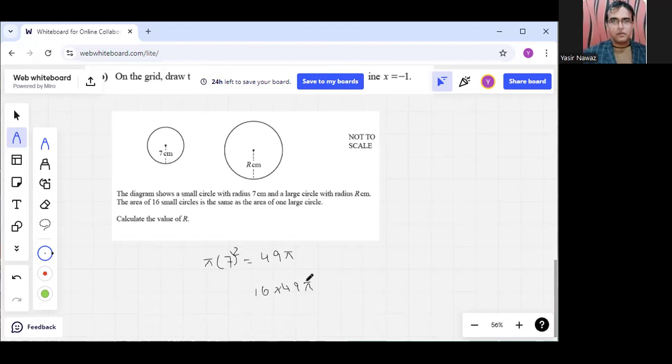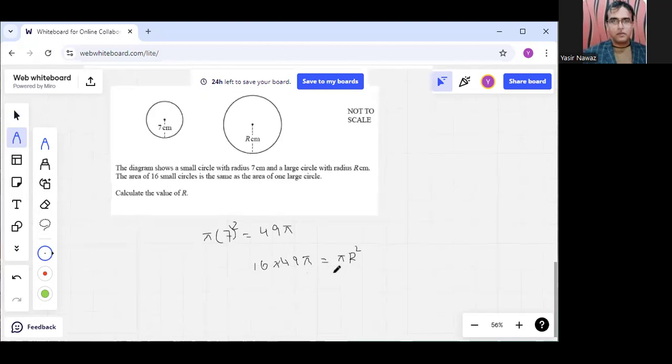And this area of 16 small circles is equal to the area of one bigger circle. The area of the large circle would be pi r square, which is pi into capital R square. You can see the pi on both sides of the equation. So I will divide by pi on both sides.